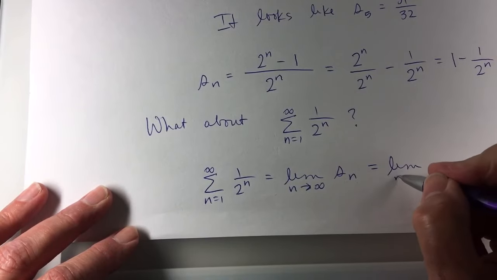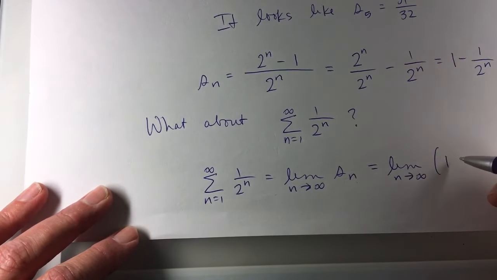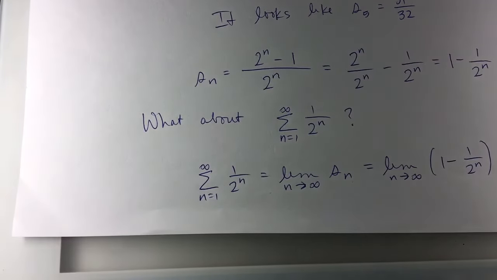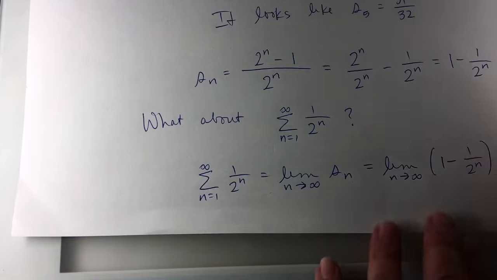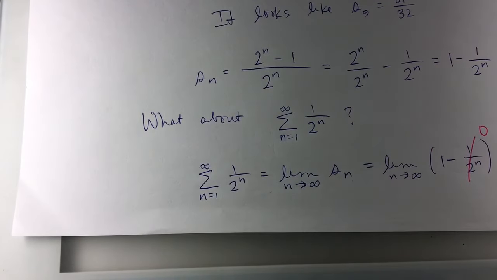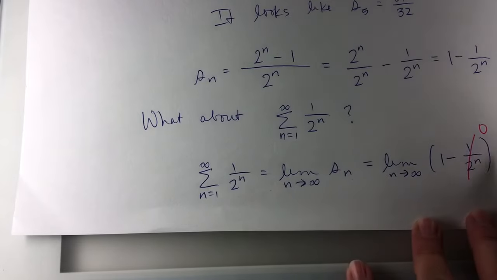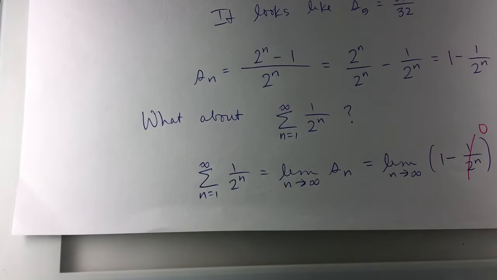And that's the limit as n approaches infinity of 1 minus 1 over 2 to the n. Now, as n gets bigger and bigger and bigger, this 1 over 2 to the n is going to go to what? 0. Here, I'll put a little line through it and do 0. So this limit is 1. This series converges, and it converges to the number 1.